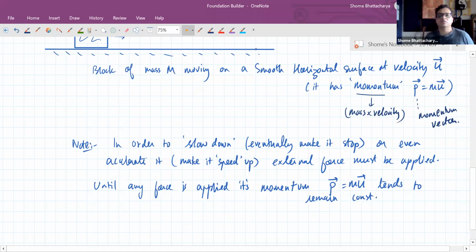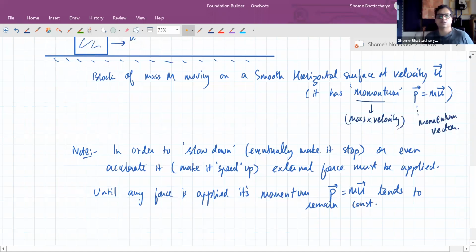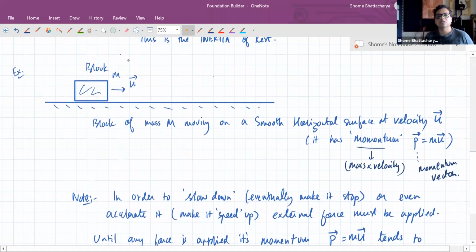So in the above diagram, if we are not applying any force, and this was the situation at time t equal to 0, after some time also the body continues to move at the same momentum, because there's no external force acting on it.